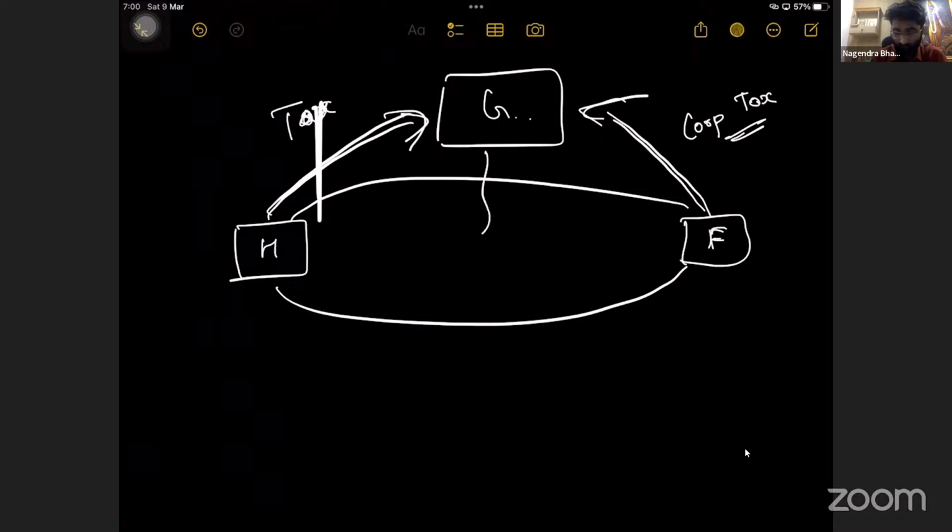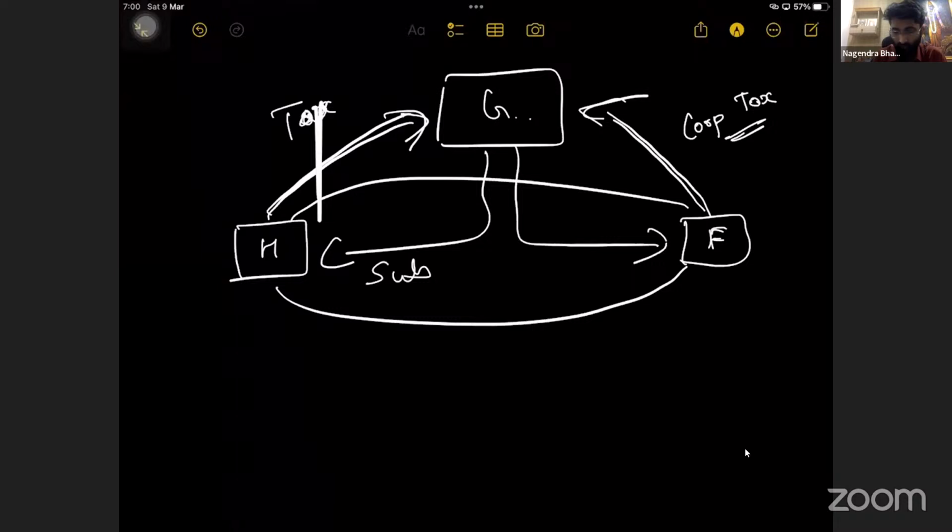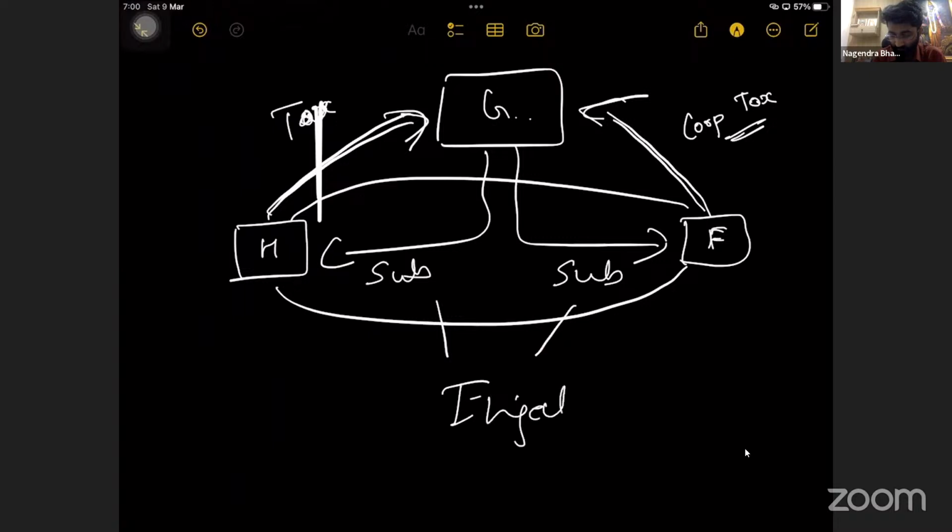Sometimes government will give a subsidy. This is called injection. Why? Because government is giving money to these two, household and firm. That is injection.